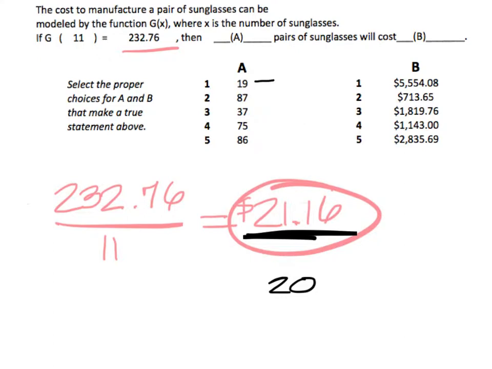380. Do you see anything on there that's close to 380? Okay. What about this? 87. 87 times 20 is what? 1740. Is there anything on there close to 1740?